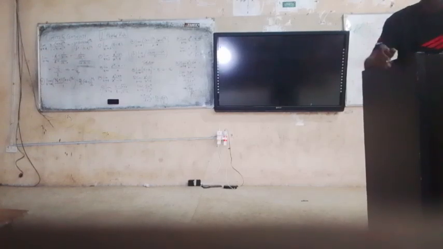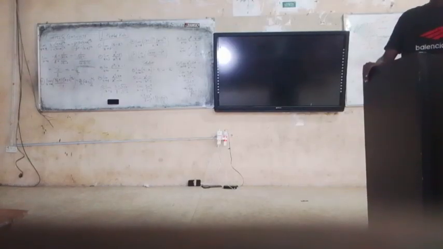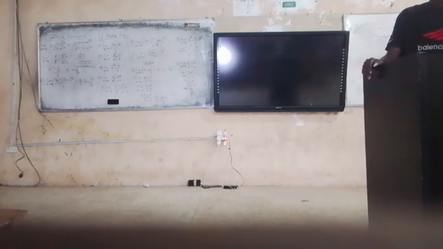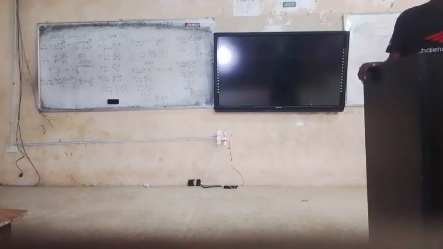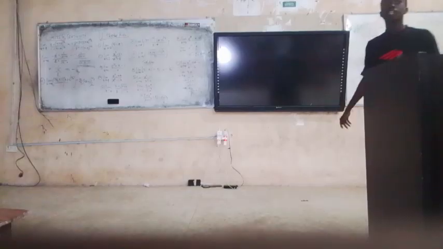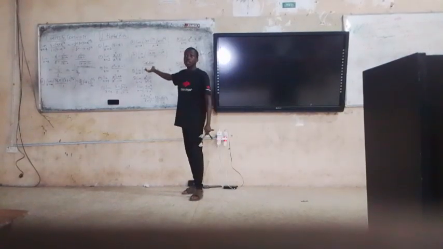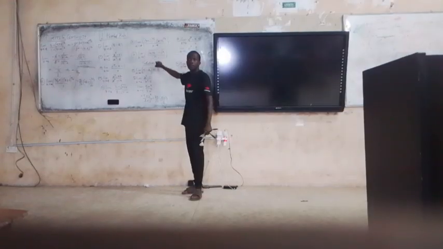Rationalize. Because if you differentiate here, h is a constant, and if you differentiate the constant, what do you have? I have something divided by 0. So rationalize and plug it in.